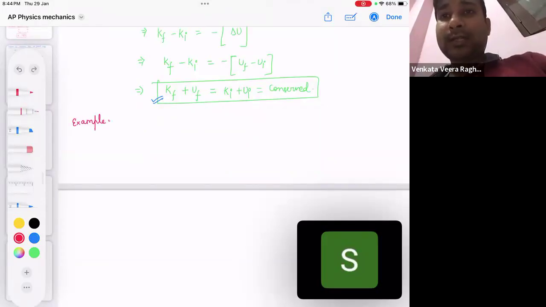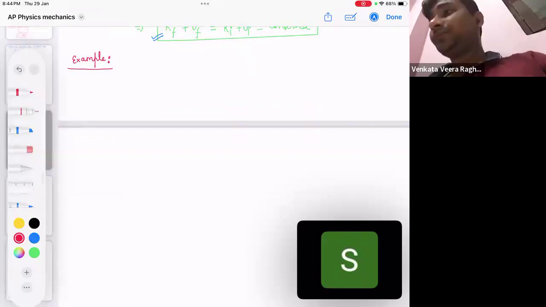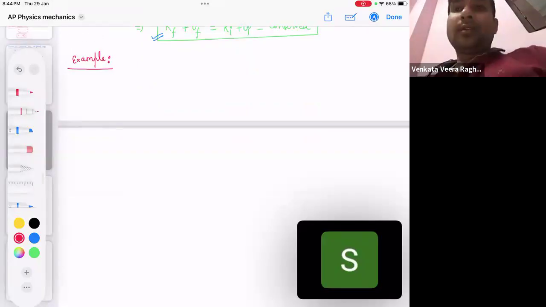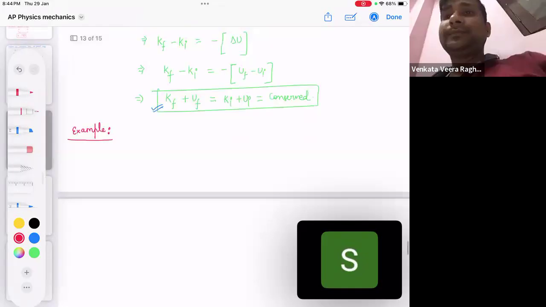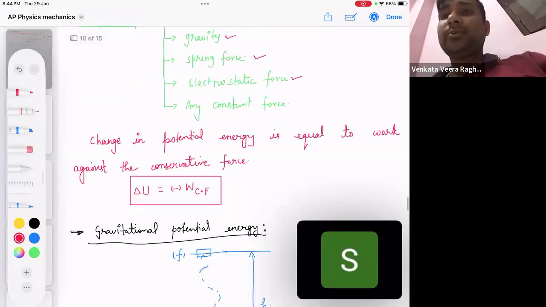Okay, let's take the first example, where I'm going to ask you what the force acting on the particle is. Understand how we write the potential energy, we have learned that, right? Electrostatic, gravitational, or other potential energy.